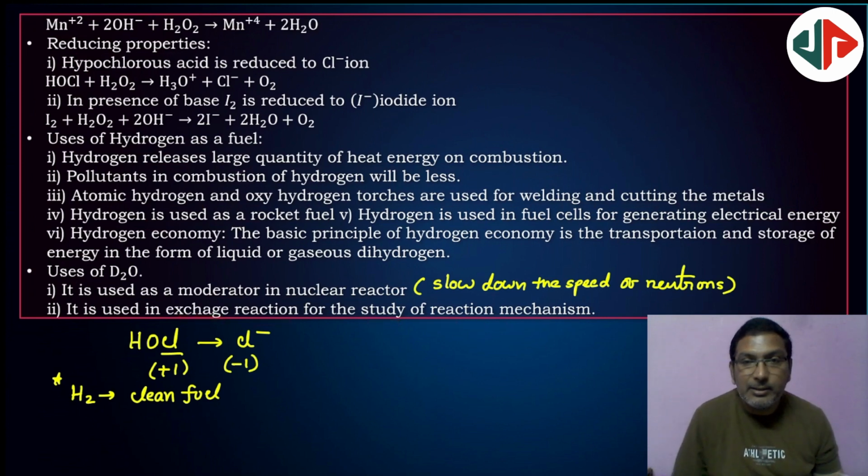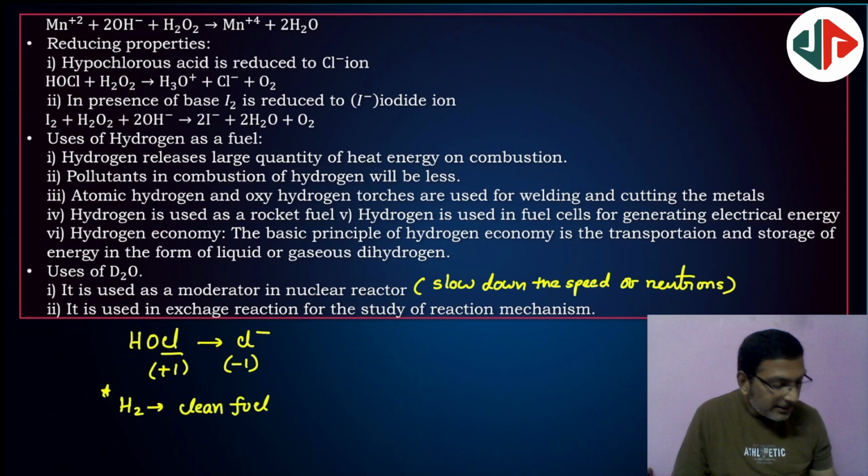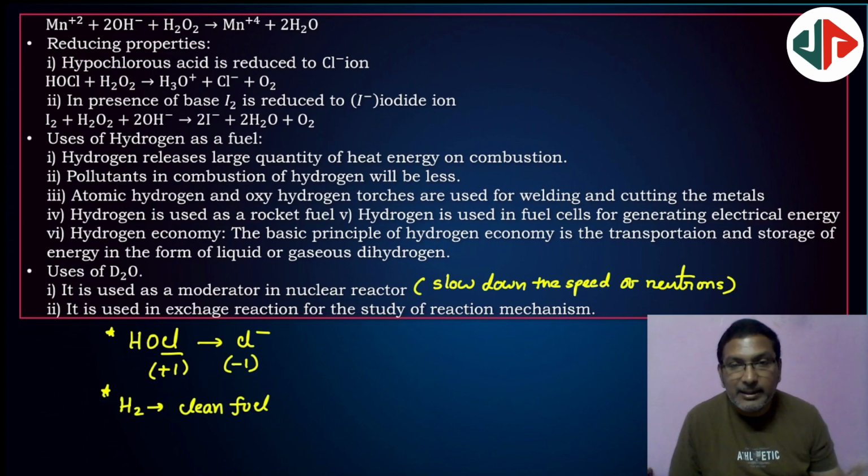We will discuss this topic in organic chemistry. So uses are also very, very important for competitive exams. They will ask questions like this: which of the following is correct, incorrect, like that.